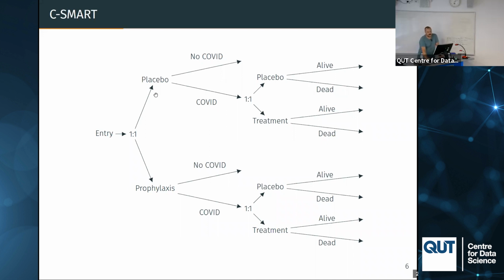If they do develop COVID within that 3 months, then they're re-randomised in equal proportions to either a placebo or a treatment, and then they're followed up for I think it was a month with the endpoint of all-cause mortality, or I just used death in this case.